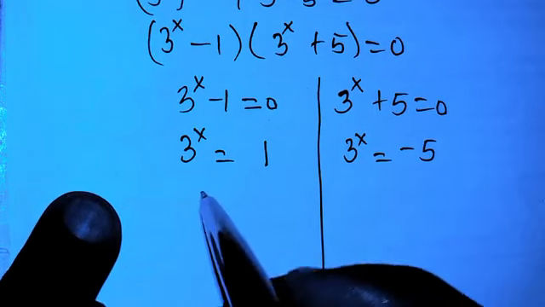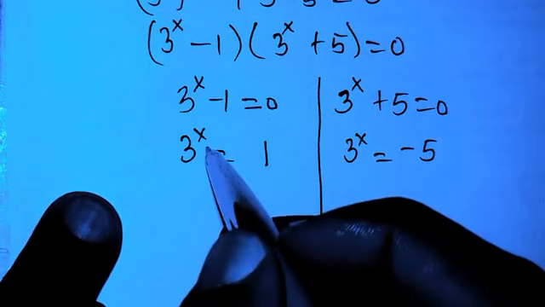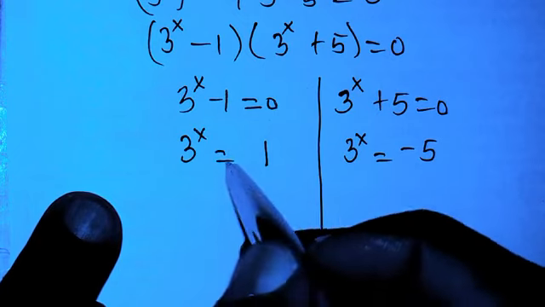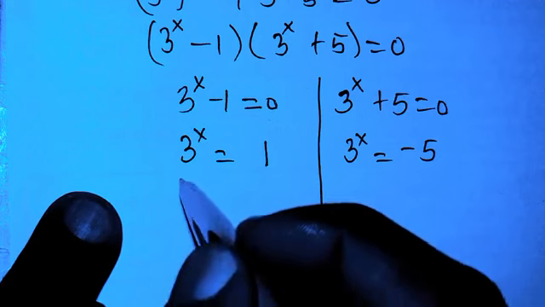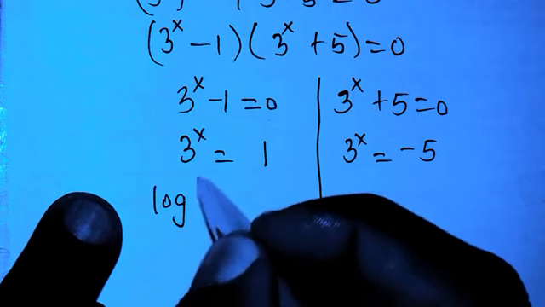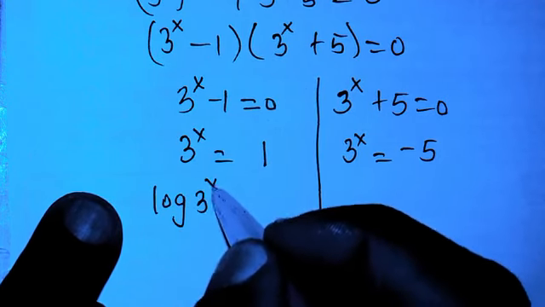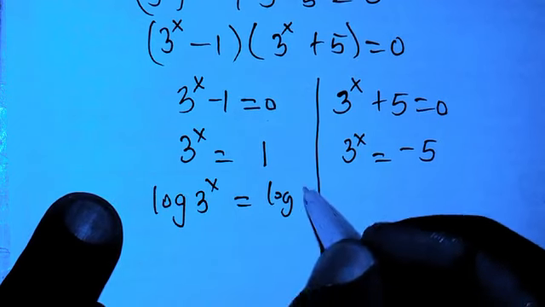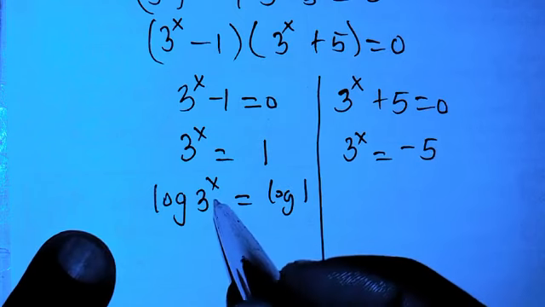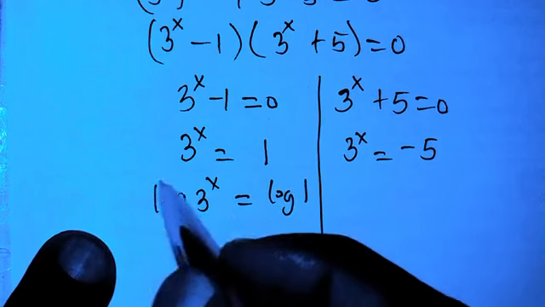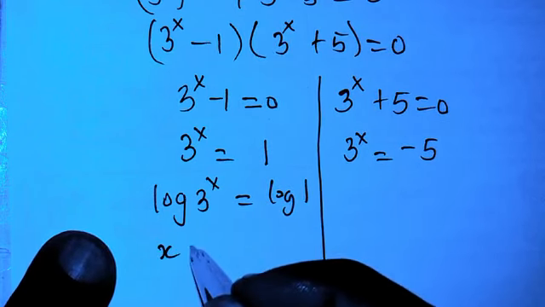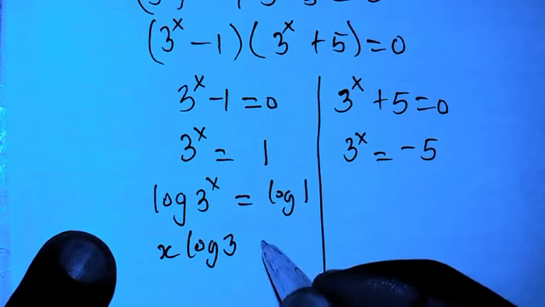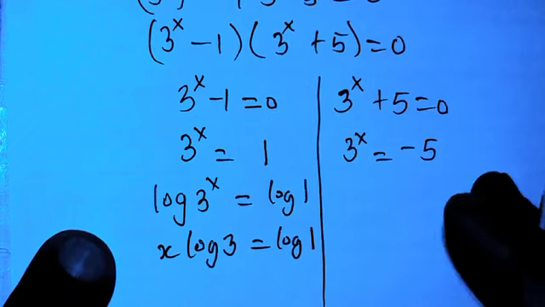Now from here, to make x the subject of the formula, I'm going to introduce logarithm to both sides. Let's say we have log of 3 to the power of x equals log 1. You can see that this x will come down here. You have x log 3 equals log 1.